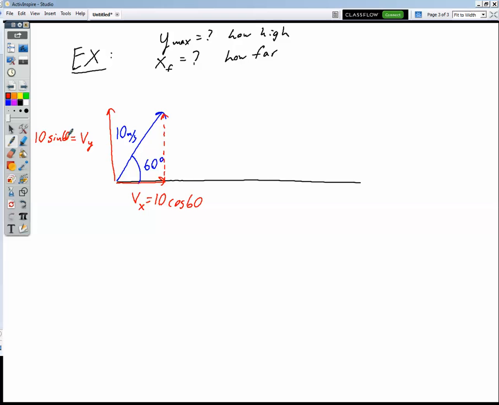So we actually have magnitudes here for vx and v naught in the y direction. All right, so now we're going to fill out some variable tables. And first, let's see, we want to know how high the projectile goes.